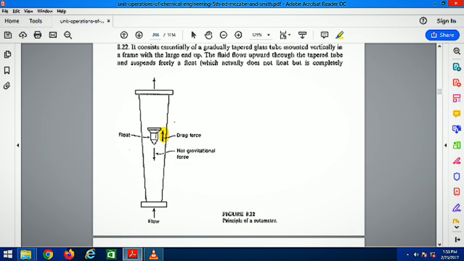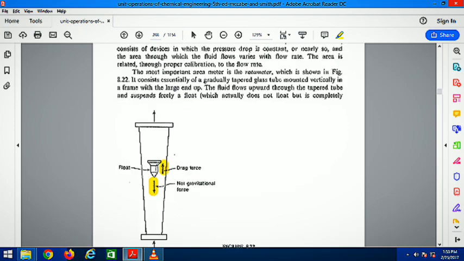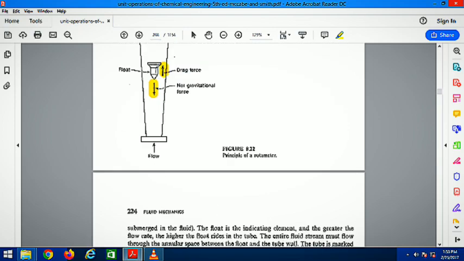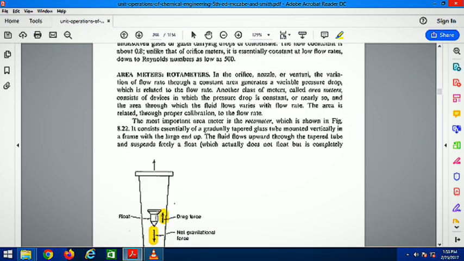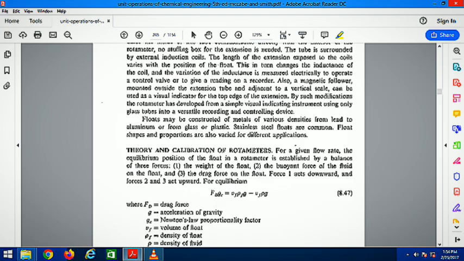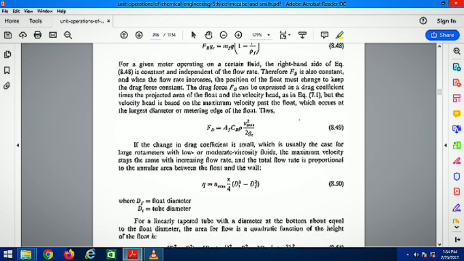This is a rotameter where a drag force comes from the downward side to the upward and the gravitational force, and these are balanced, and we finally measure the flow rate. So rotameters are area meters, and they are flow rate measuring devices.